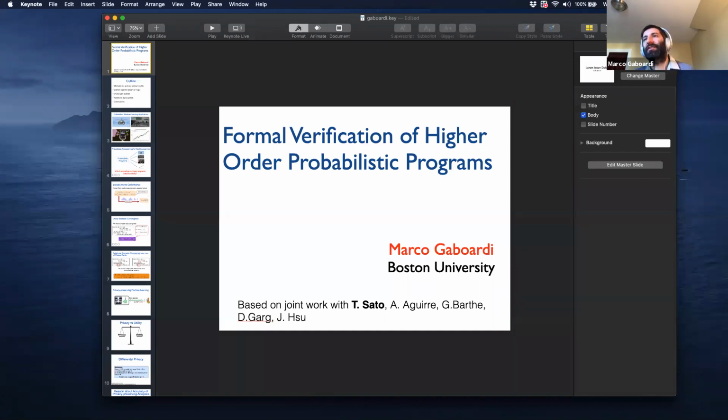Azuma's inequality they use if they have martingales, and so on. So what we tried to do was to simulate a bit what they do on paper, adding these main principles and supporting their reasoning in a mechanical way through our system. I think it's true that the secret is there, but I hope we can reasonably build a system that supports most of the practical properties one wants to reason about.